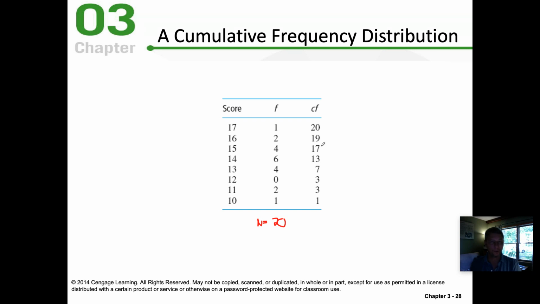The cumulative frequency for 15 is 17, because 4 plus 6 is 10, plus 4 is 14, plus 2 is 16, plus 1 is 17. The cumulative frequency for 16 is 19, and for 17 is 20.